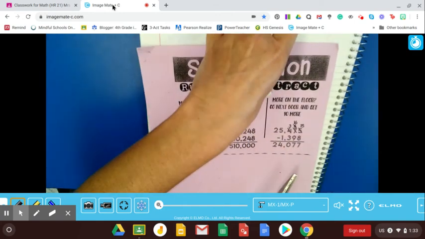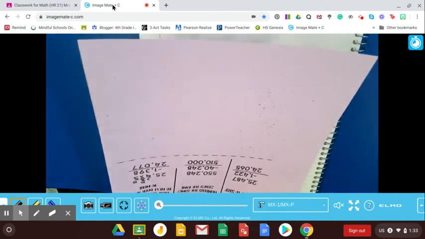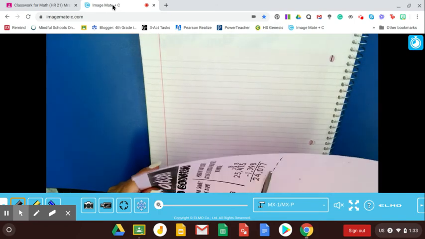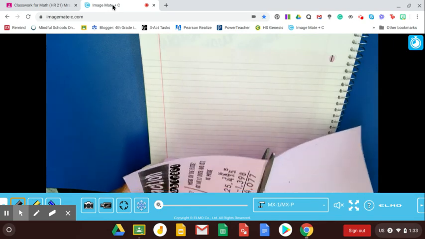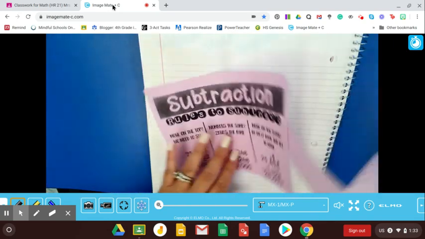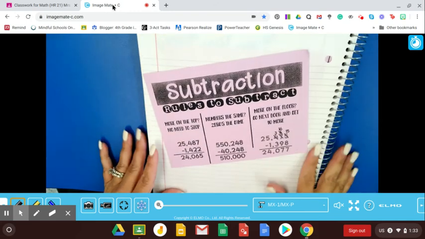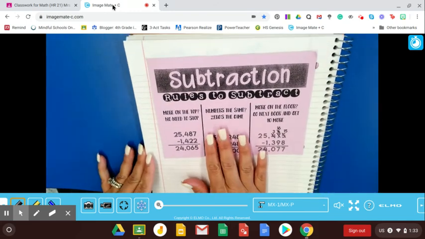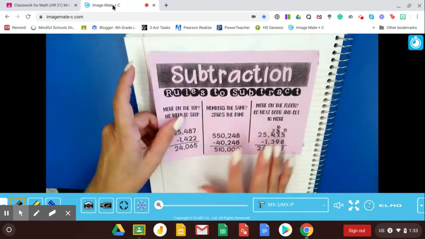We are going to need to trim this up, so I'm going to cut it in 2 places. Just like that. All right, and now I'm going to glue it down.